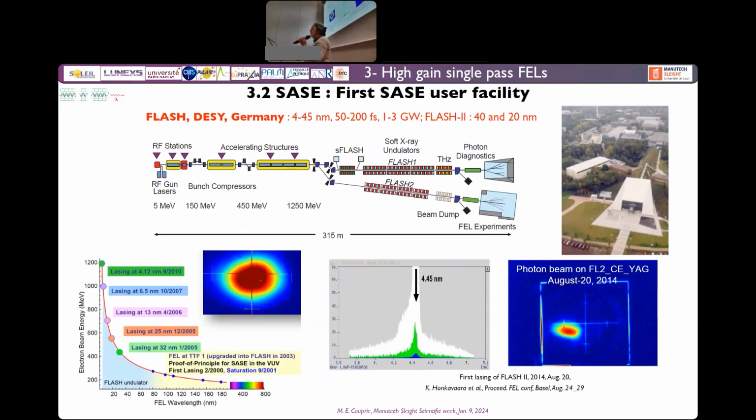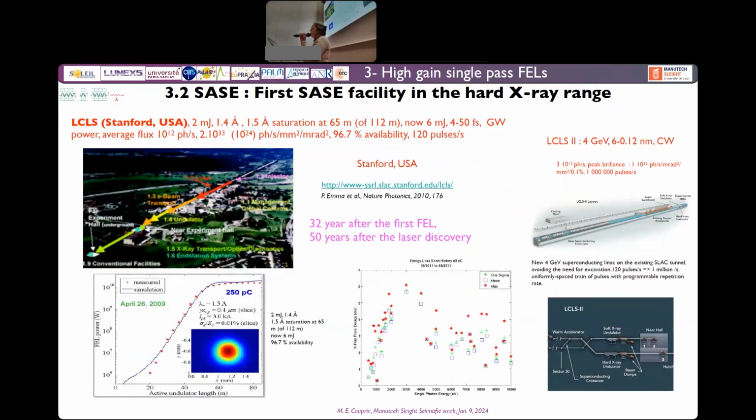They started to get the FEL in the VUV and then going to shorter wavelengths, as shown here with the developments over the years. They started to have users in the VUV on FLASH. This is really a big step to show that SASE can be used and operated at short wavelengths.